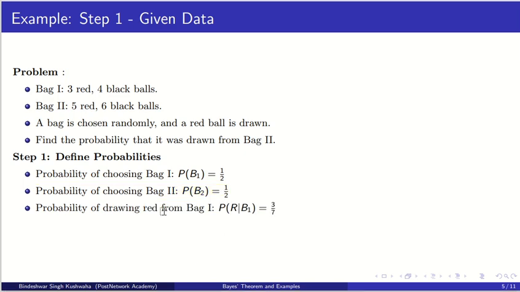Now the probability of drawing red from bag 1, that is P(R given B1), is 3 upon 7, because here there are 3 red and 4 black balls. So our favorable cases are 3 and total cases are 7, so 3 upon 7. Probability of drawing red from bag 2 is 5 upon 11.